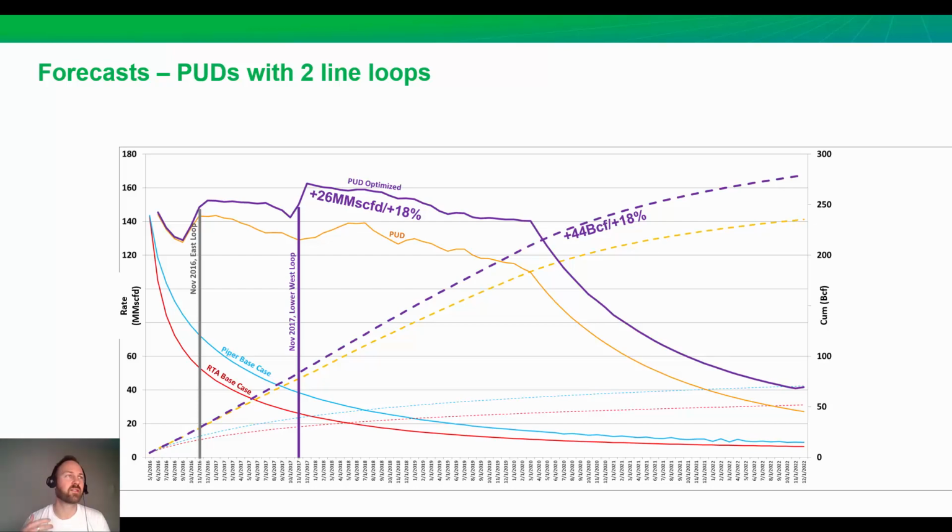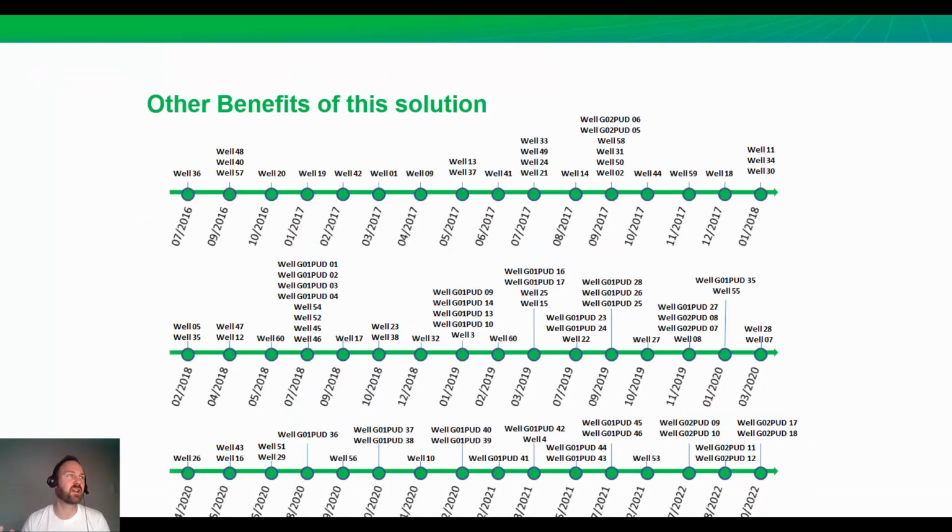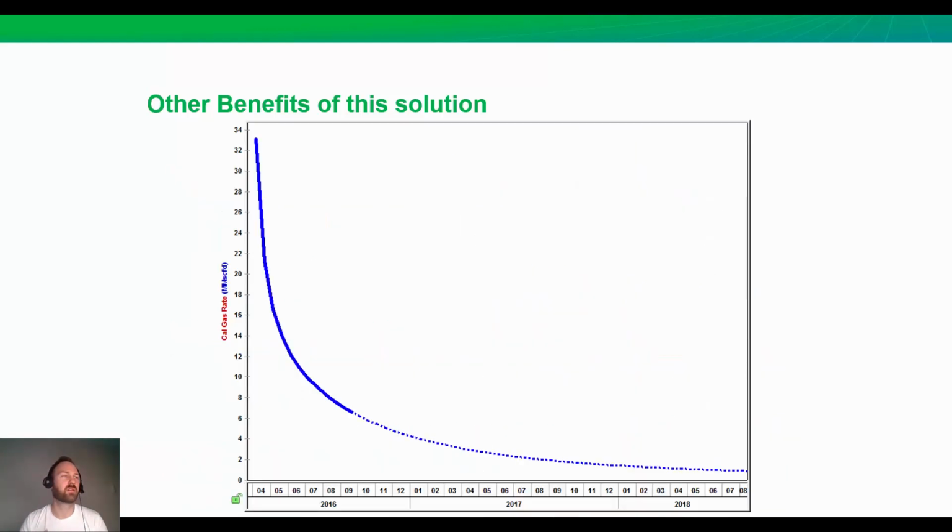A few other benefits of connecting these together: we can predict when every single well will liquid load in the future, and we can give this to our production engineers to plan their artificial lift or coiled tubing scheduling. We're also able to plan our new wells and imagine what tubing size we should put in our wellbores. This shows our initial rate, and this shows when liquid loading will begin.